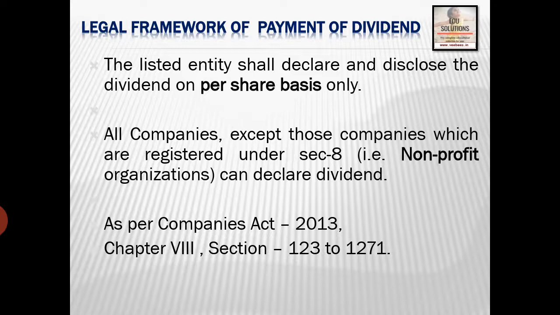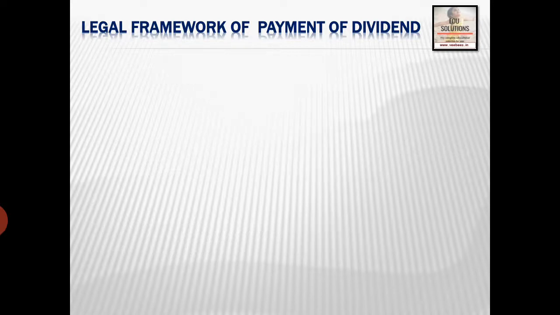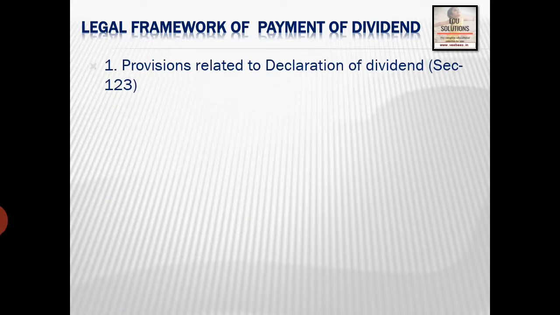Now we are discussing the provisions as per Companies Act 2013, and chapter 8 deals with this area. Chapter 8, section 123 to 127 deals with this area. Then provisions related to declaration of dividend under section 138.